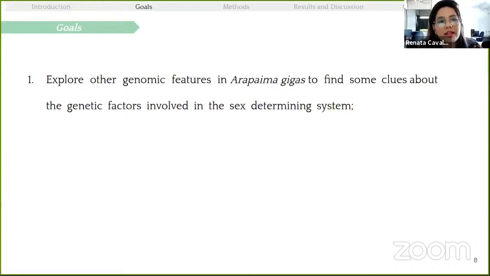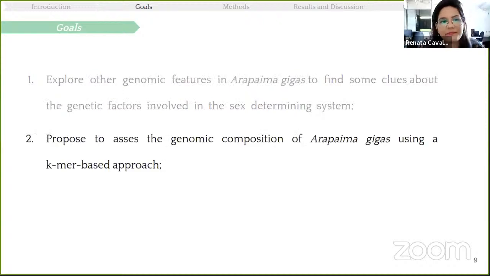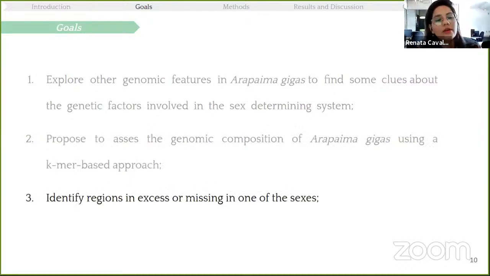So, taking these points into consideration, our goals in this work were to explore other genomic features in Arapaima gigas to find some clues about the genetic factors involved in the sex determination system, to assess the genome composition of Arapaima gigas using a K-mer-based approach, and also to identify regions in excess or missing in one of the sexes.